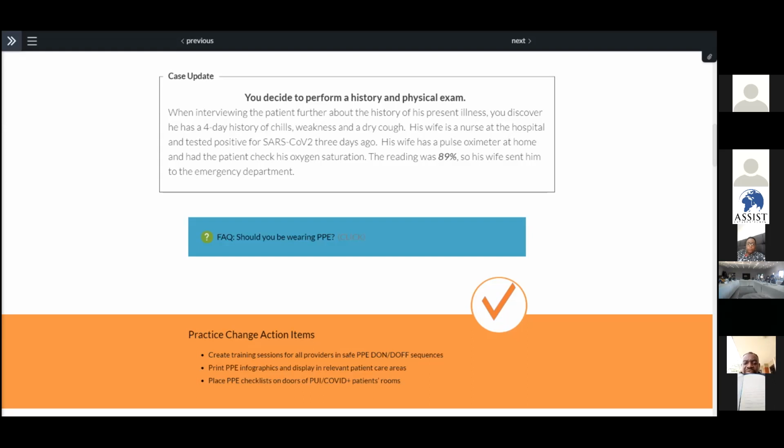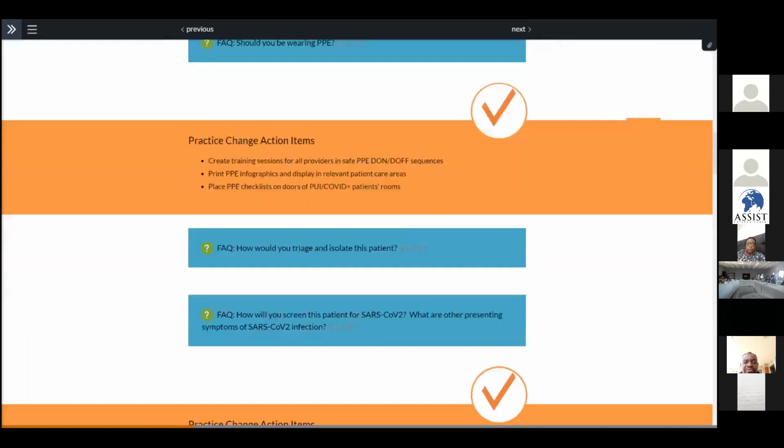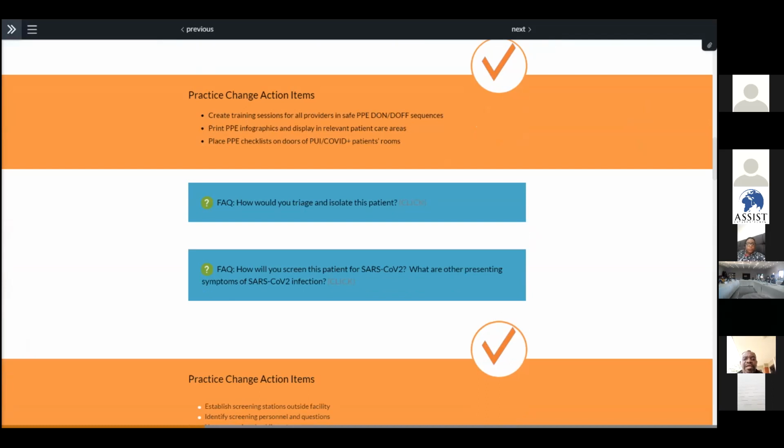We print out infographic papers on how to don and doff the different PPEs and stick them there. And as we go back, we take time to teach our colleagues who have remained behind how to don and how to doff, because as you are teaching them, remember, it's a life that you are saving.